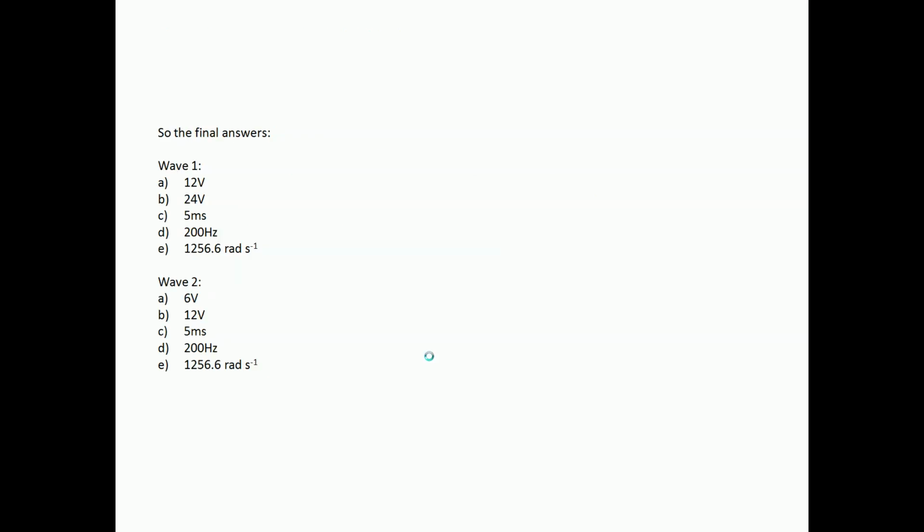So the final answers for question 1. It seemed like it took us a little while to do that, but don't worry, it's a pretty comprehensive view of how to read stuff from a waveform. For wave 1, you should have an amplitude of 12 volts, a peak-to-peak value of 24 volts, a time period of 5 milliseconds, a frequency of 200 Hertz, and an angular frequency of 1256.6 radians per second.